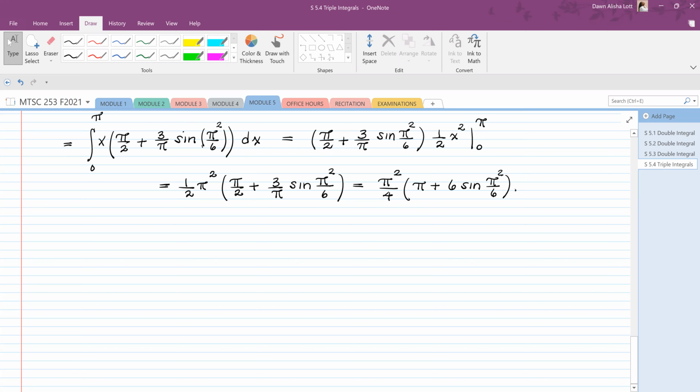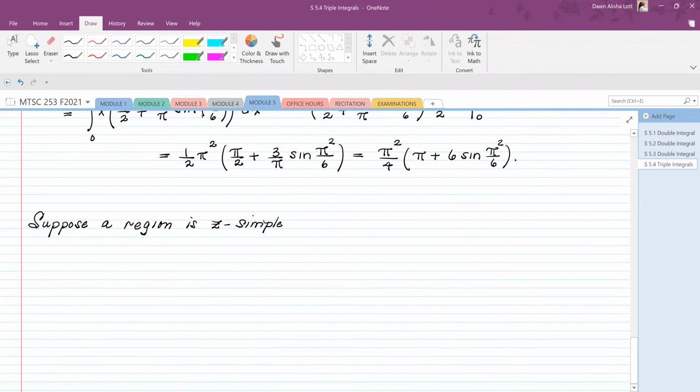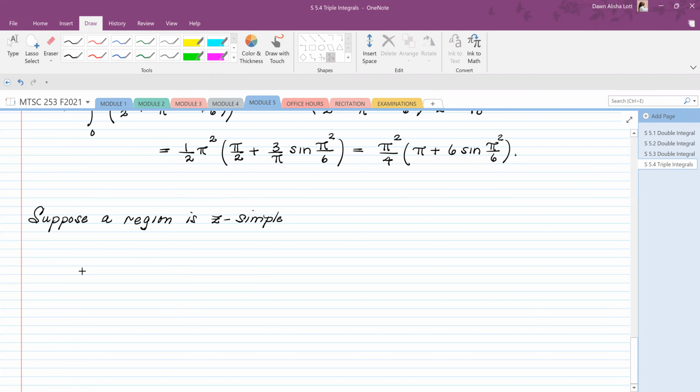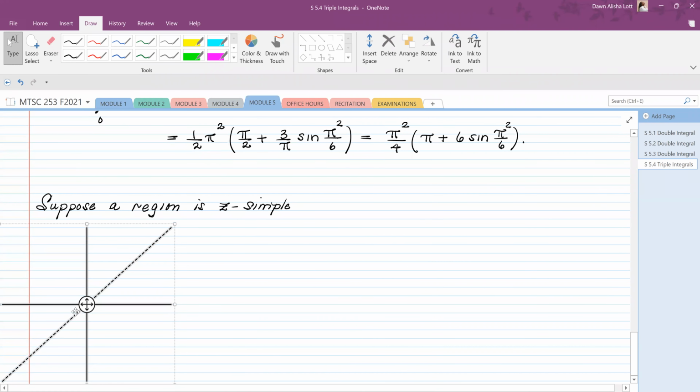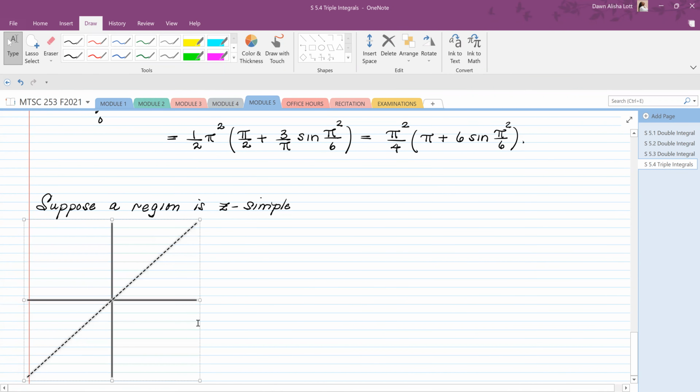All right, so let's suppose a region is Z simple. Now we've talked about vertically simple and horizontally simple. Now we want to talk about Z simple. So maybe I have something that looks like this.